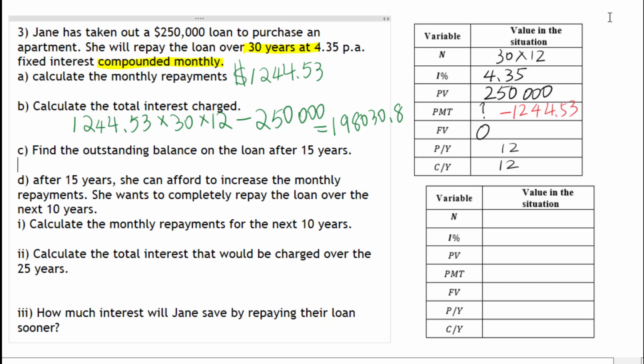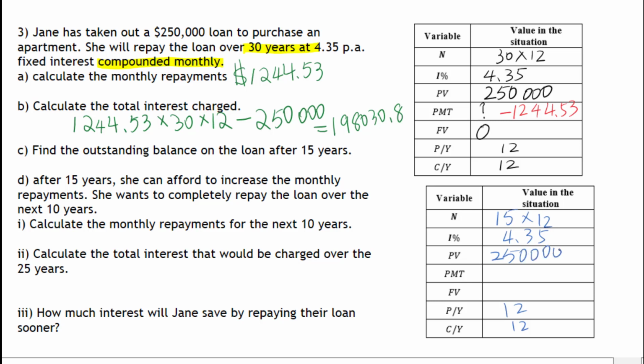Let's go to C. Find the outstanding balance on the loan after 15 years. This is 15 times 12. 12, 12. 4.35. Present value is $250,000. PMT payment is negative $1,244.53.